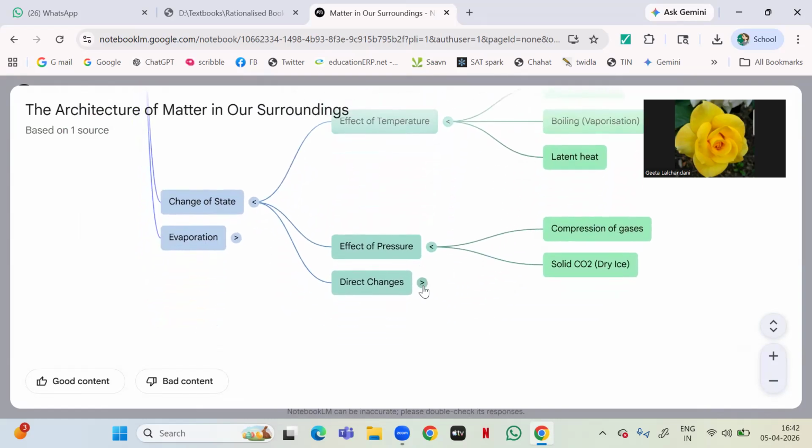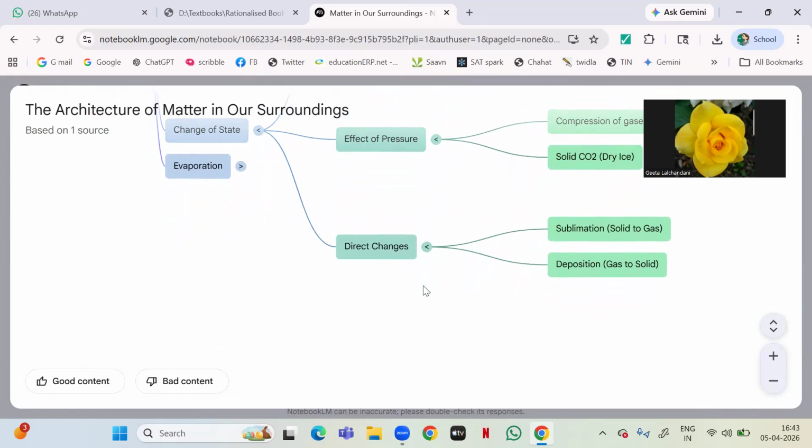Then effect of pressure, so compression of gases. For example, the LPG cylinder which we have, LPG is called liquefied petroleum gas. If you want to liquefy a gas, you need to increase the pressure and decrease the temperature. This is called compression of gases. When you take carbon dioxide gas and put a lot of pressure on it and decrease the temperature, it converts into solid carbon dioxide, which is dry ice.